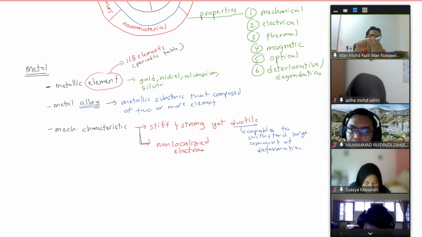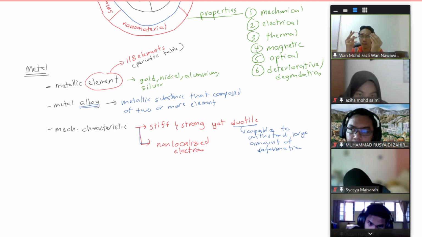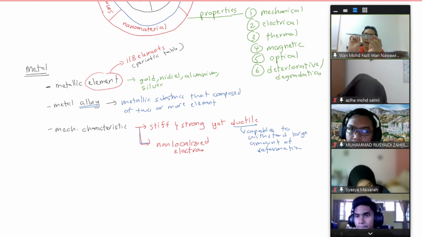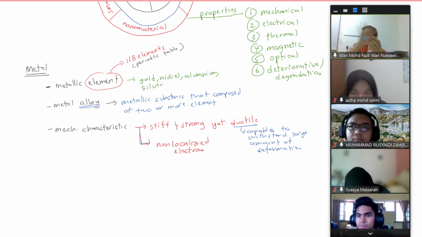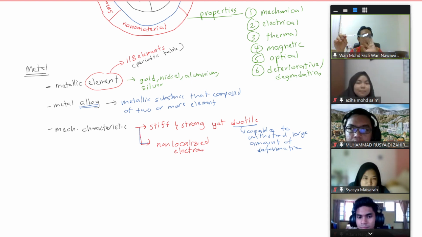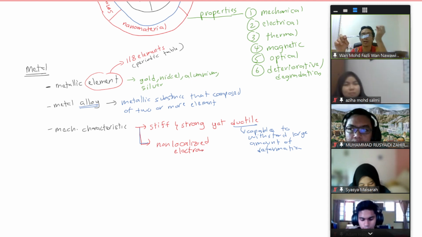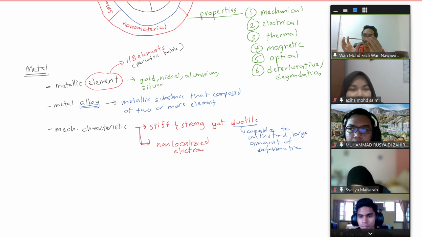But in bulk metal, the electrons inside this spoon are not bound to any atom, so they move freely. Later on we will learn in detail about this. The idea is that the electron is not attached to any atom. For example, if this is iron, there are iron atoms and electrons, but the electrons can move along.